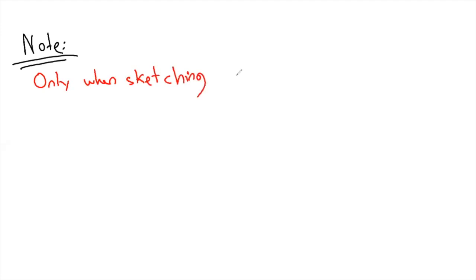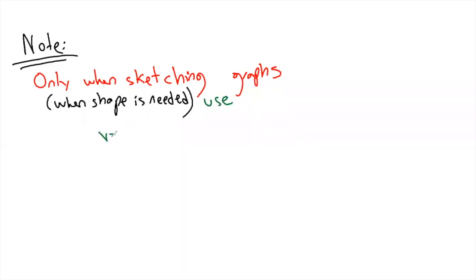Okay, that's amazing. Now, a short note so that you guys remember this. The note is that only when sketching graphs, like when you need the shape, use v equals omega A cos omega t, right?